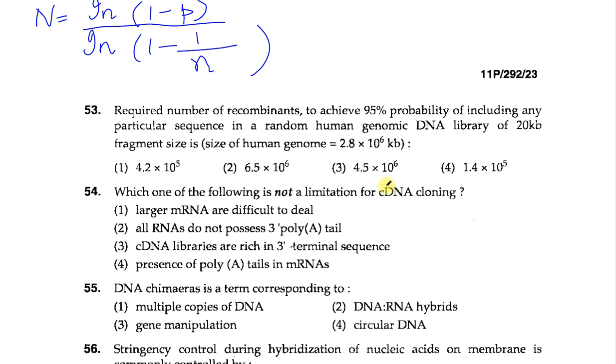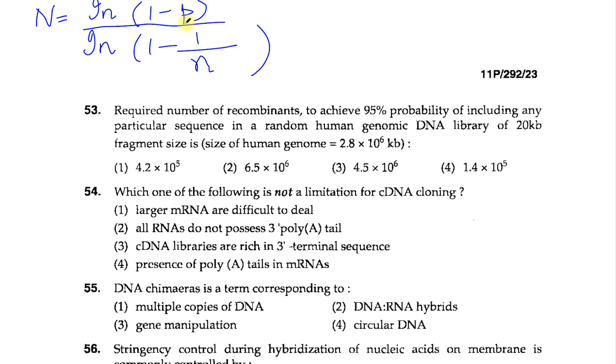Now there is a formula in which the number of recombinants is equal to natural logarithm of 1 minus P, where P is the probability and here the value of P is 0.95, divided by natural logarithm of 1 minus 1 by small n.